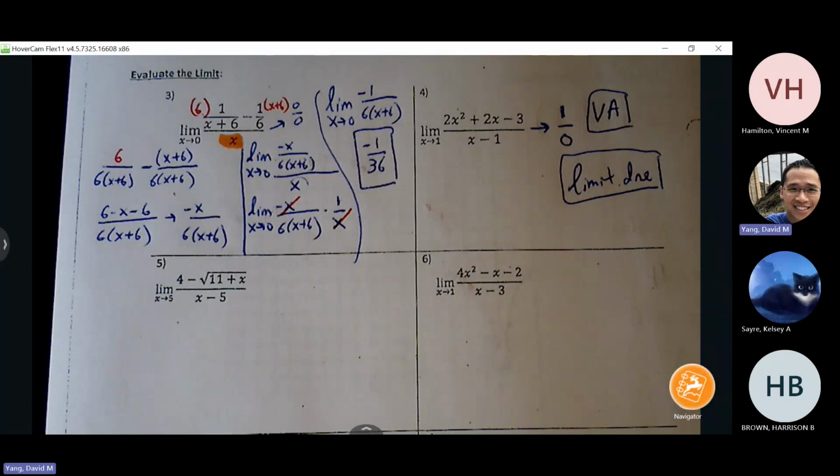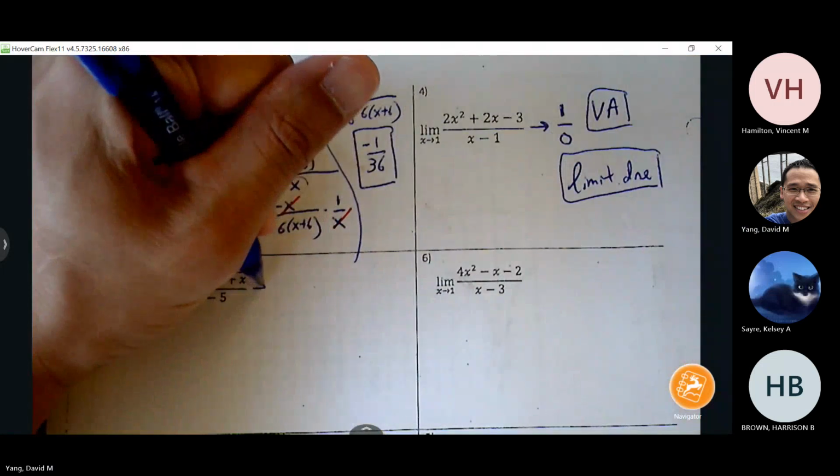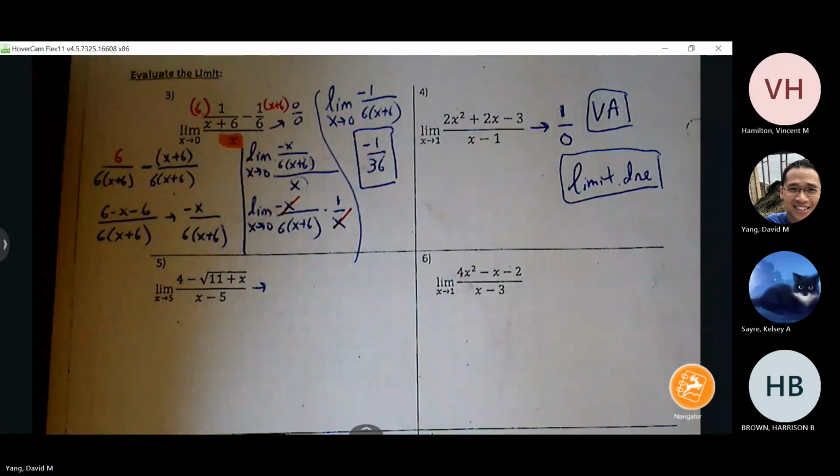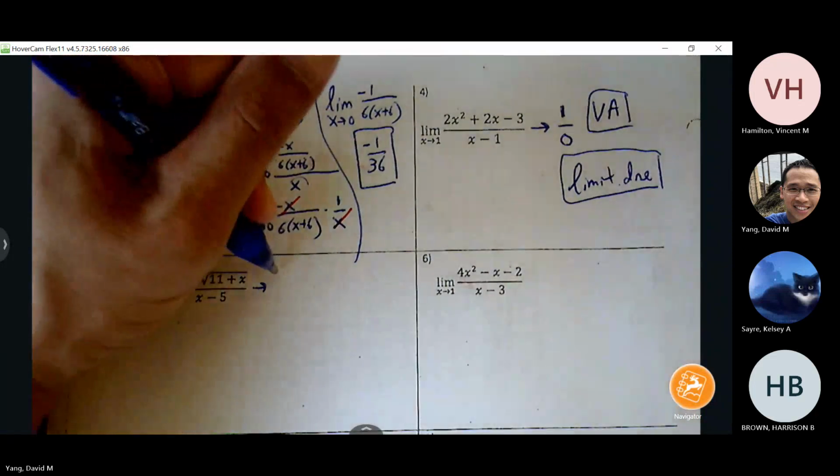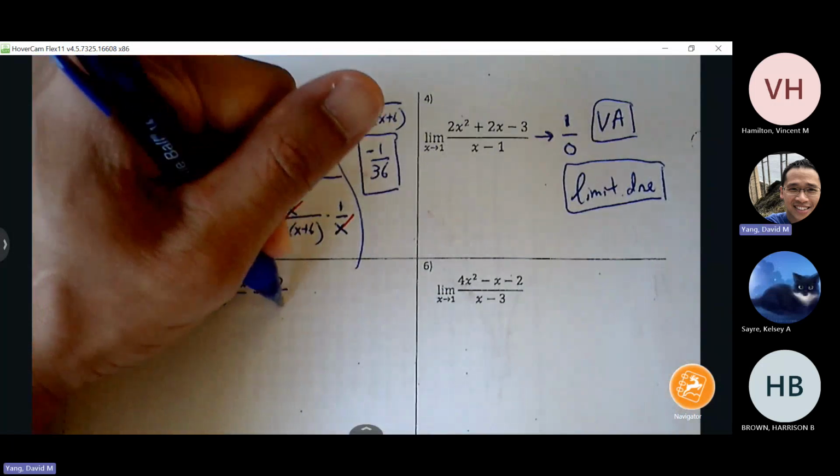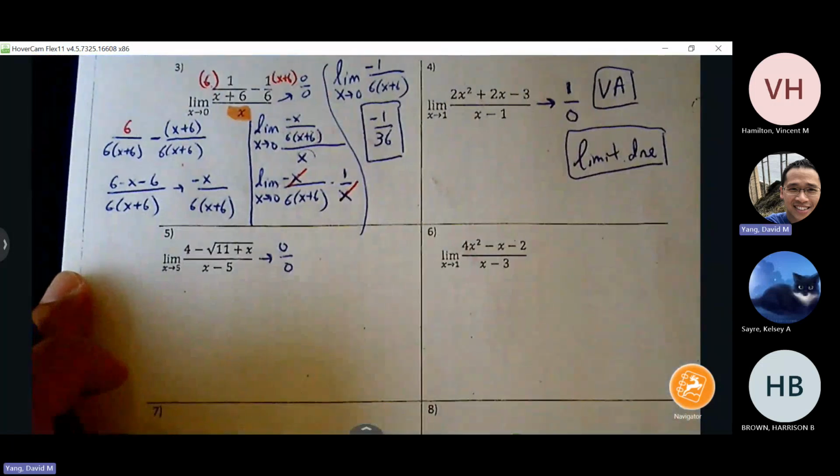All right, number 5. First steps first. Here we do get 0 over 0, so that tells us that there's a hole.